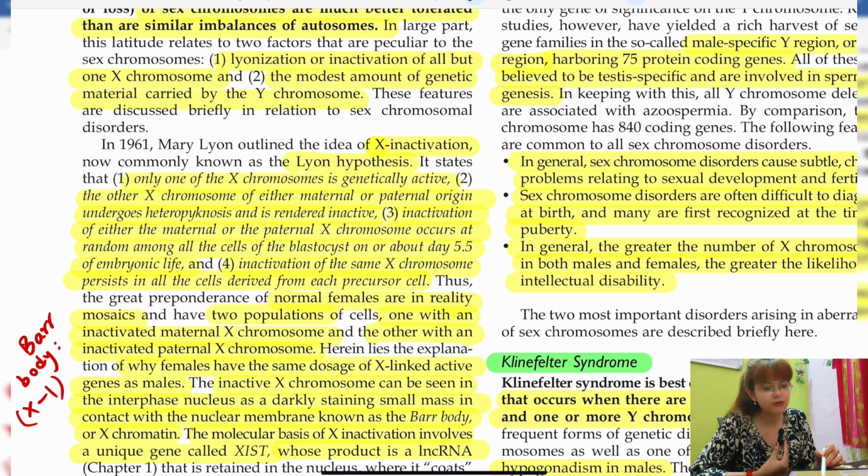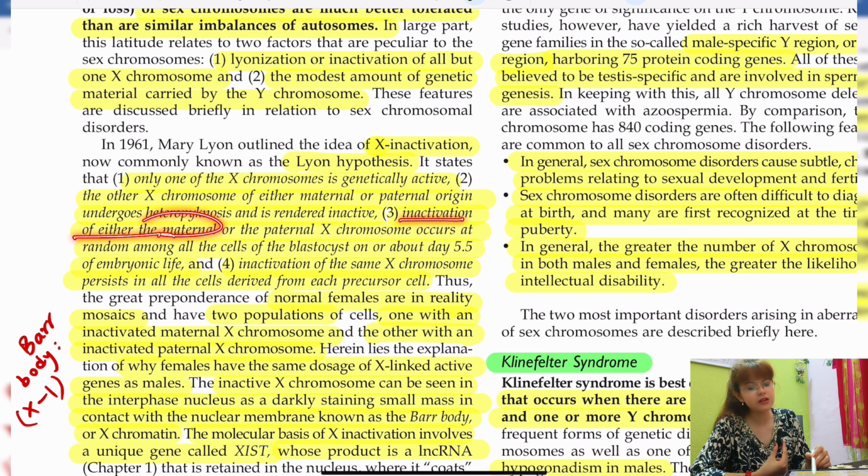So what is the concept of the Lyon hypothesis? This is the concept of X chromosome inactivation. See, only one of the X chromosomes is genetically active. The other X chromosome, either of paternal or maternal origin, undergoes heteropyknosis and is rendered inactive. So only one X chromosome is active, the other X chromosome is always inactive.